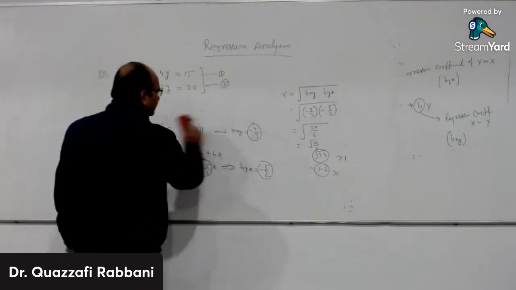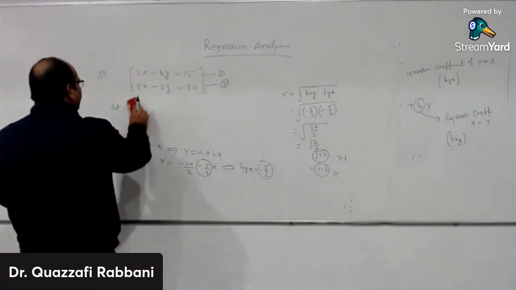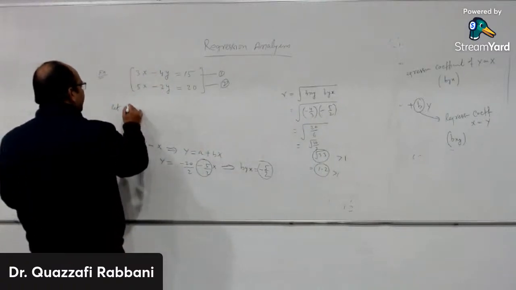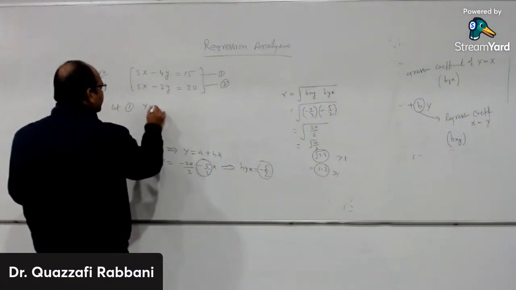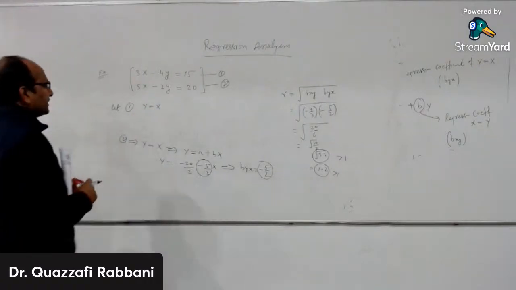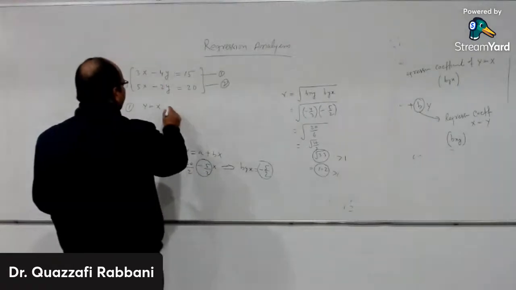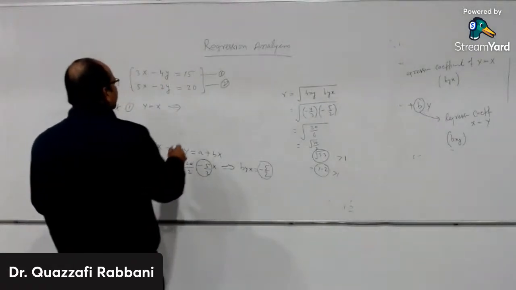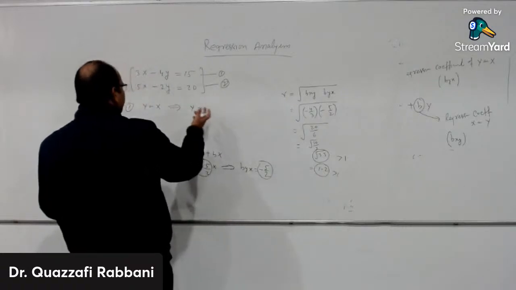So now let equation 1 be y on x. If you take equation 1 as y on x, then you will get the relation: y is equal to a plus bx.